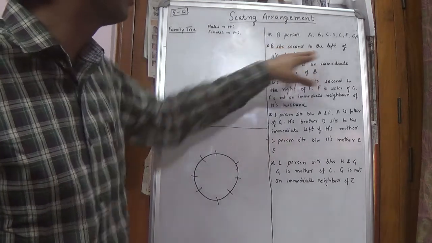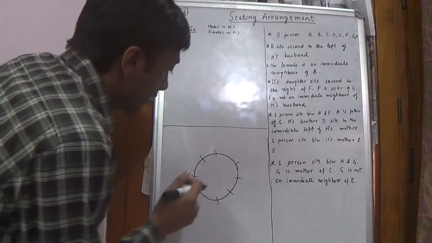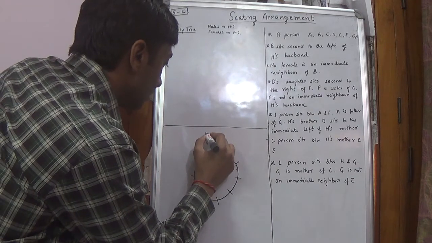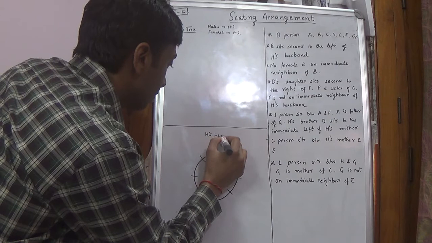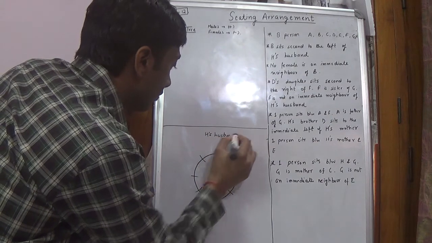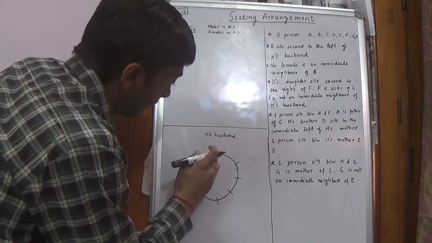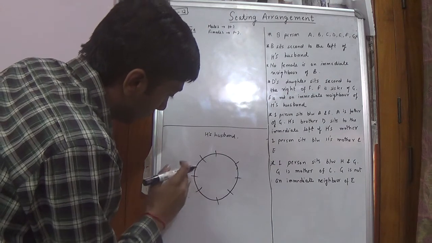B sits second to the left of H's husband. So let us assume here is H's husband. Then B sits second to the left.